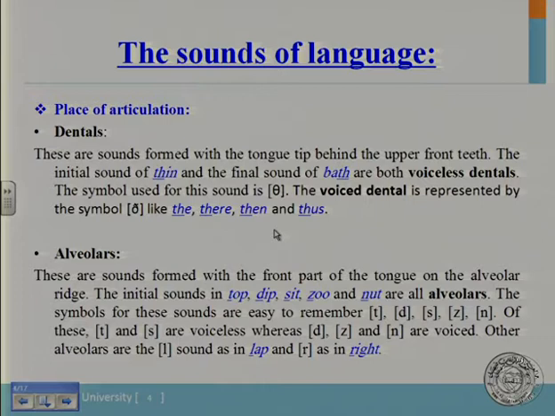These sounds are called alveolars because they are produced with the help of the front part of the tongue and the alveolar ridge.